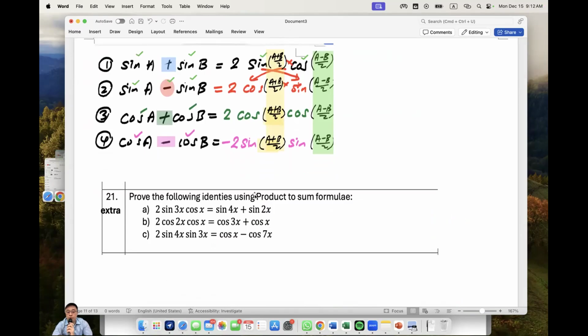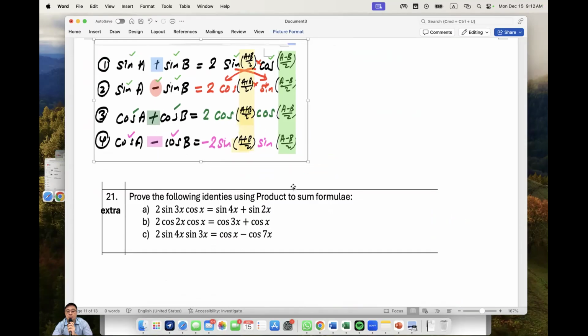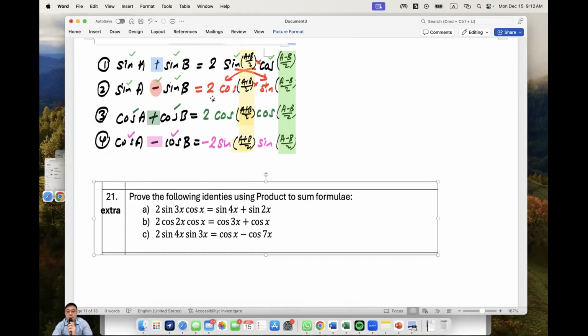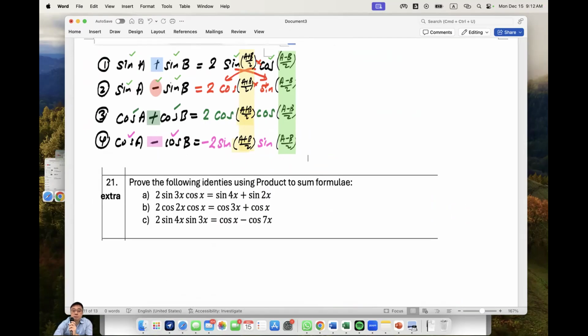Try to prove it from the right to left, then it is easier, since I already covered sine A plus sine B, cos plus cos, and cos minus cos. Okay, take some time to do these 3 extra ones.